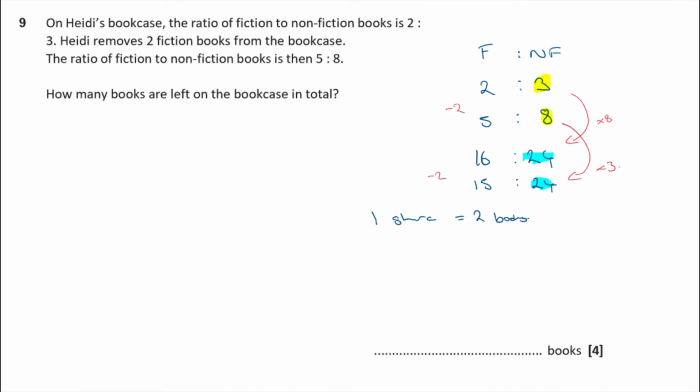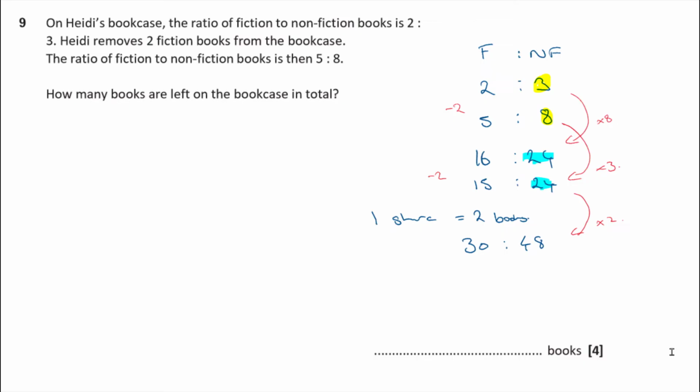Now if I take that ratio of 15 to 24 and times it by 2, I'll get the number of books of each type, won't I? So that means there must have been 30 fiction books and 48 non-fiction books.